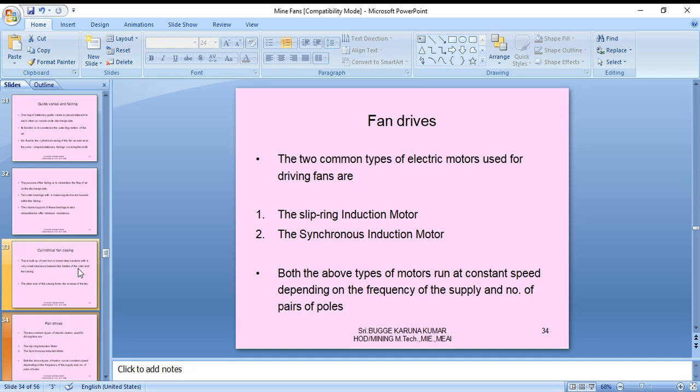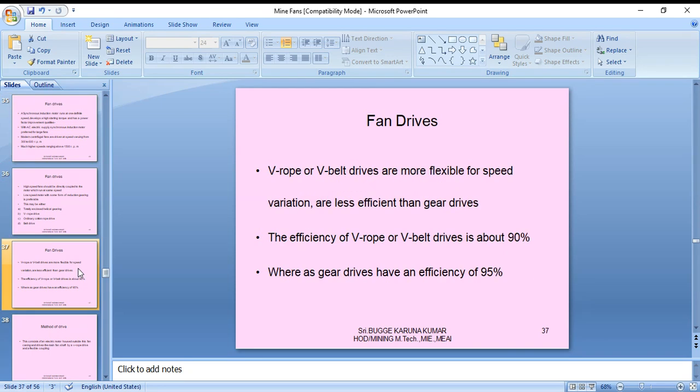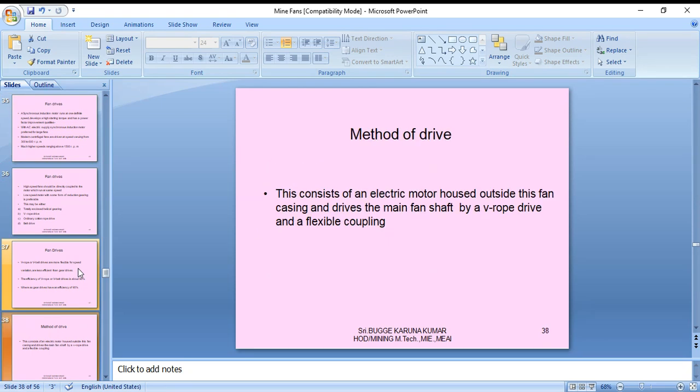Fan drives. What is meant by fan drives? There are two common types of drives, similarly like induction motors, popularly used because they have more advantages. So methods of drive. What is the method of drive?